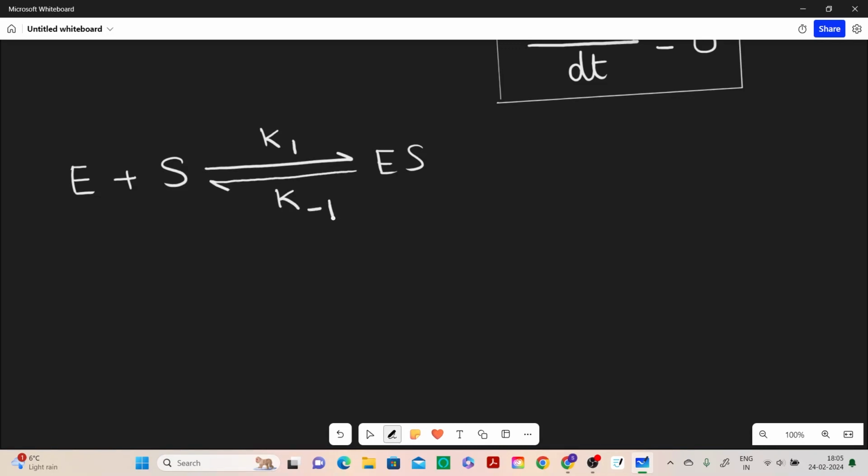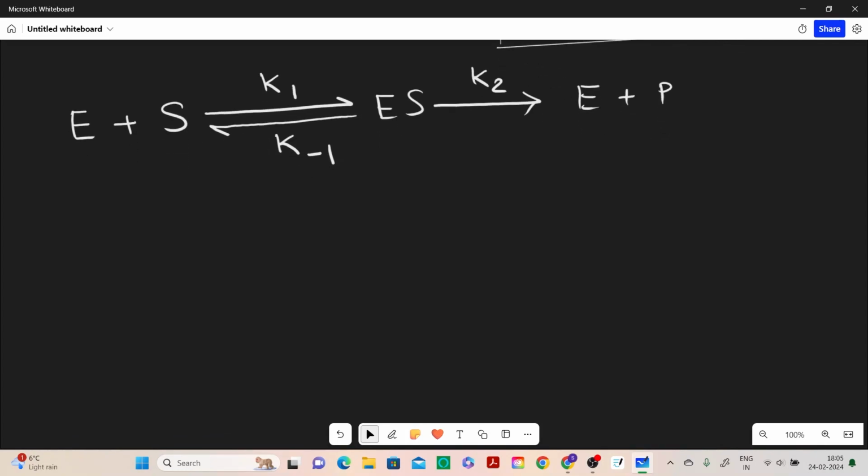So I will write down the enzymatic reaction again. The enzyme binds to the substrate with a rate constant of K1, forms the enzyme-substrate complex, which might dissociate back into substrate and enzyme with a rate constant of K-1, or with a rate constant of K2 it can form the product.